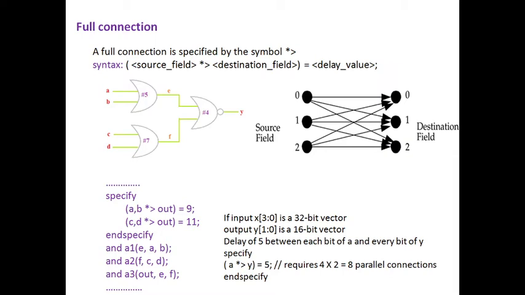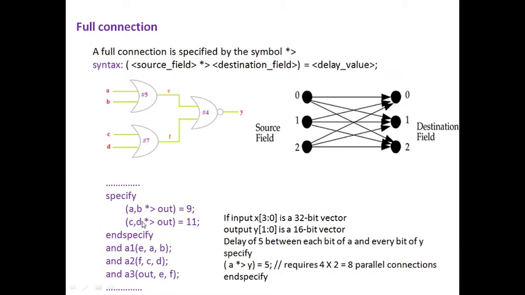A full connection describes the delay between each bit of the source and every bit in the destination. According to this module example, I am having here 4 input signals, and y is my output signal, the destination field. So can I write the syntax in this manner?